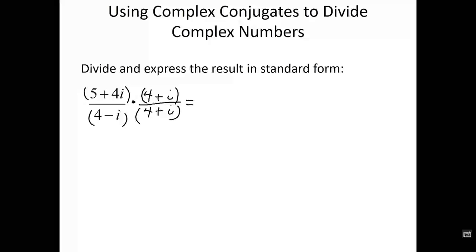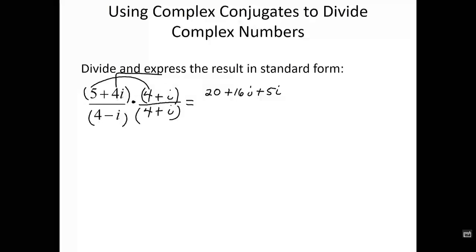In the numerator, we're going to use the FOIL method. 5 times 4 is 20. 4 times 4i is a positive 16i. And i times 5 is a positive 5i.